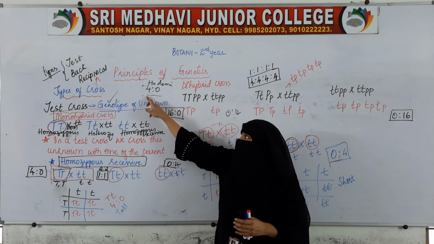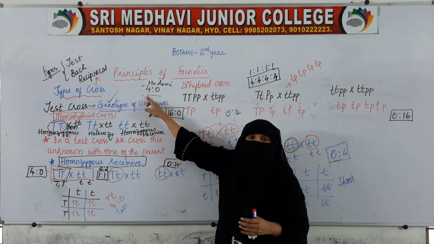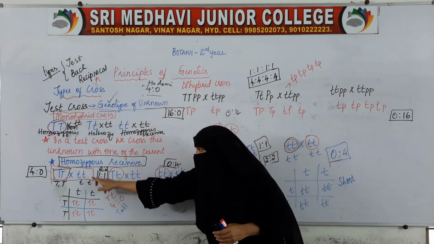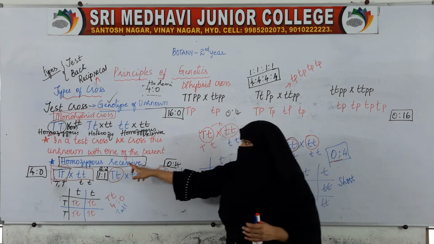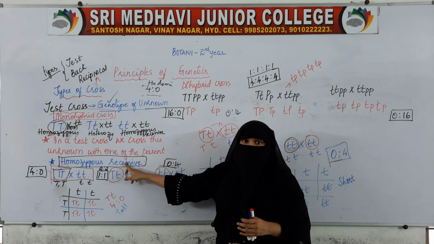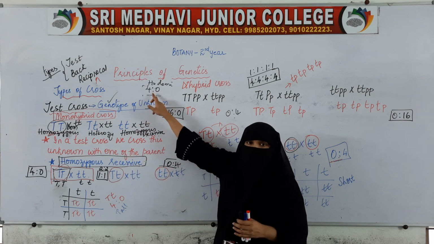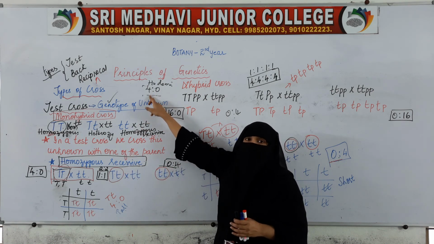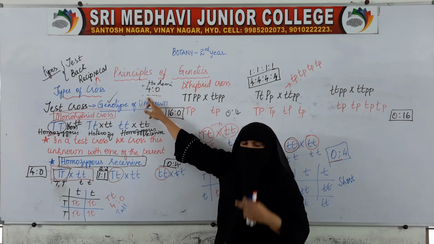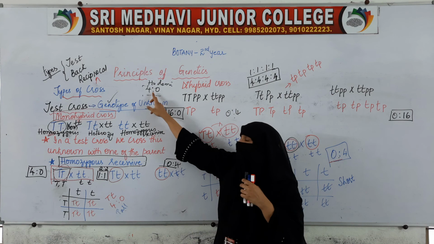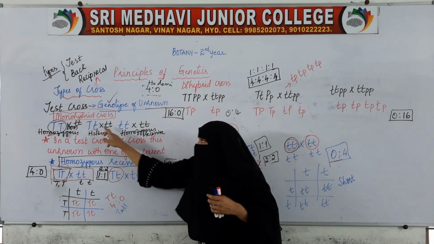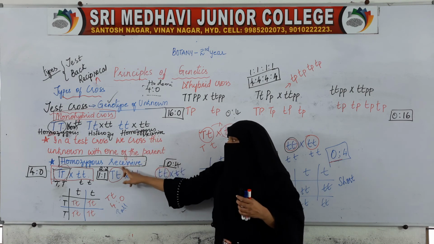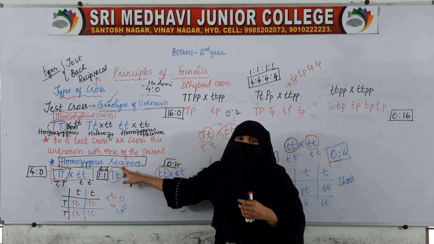To know which genotype the ratio is of, we have to cross all three probable genotypes with the homozygous recessive.